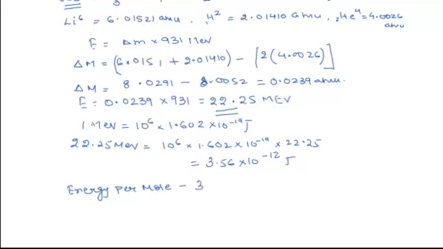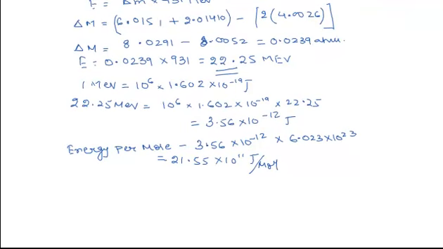So the energy produced per mole would be 3.56 multiplied by 10 to the power minus 12 into 6.023 into 10 to the power 23. Now that is equal to how much? It will come approximately equal to 21.55 into 10 to the power 11 joule per mole. Right?